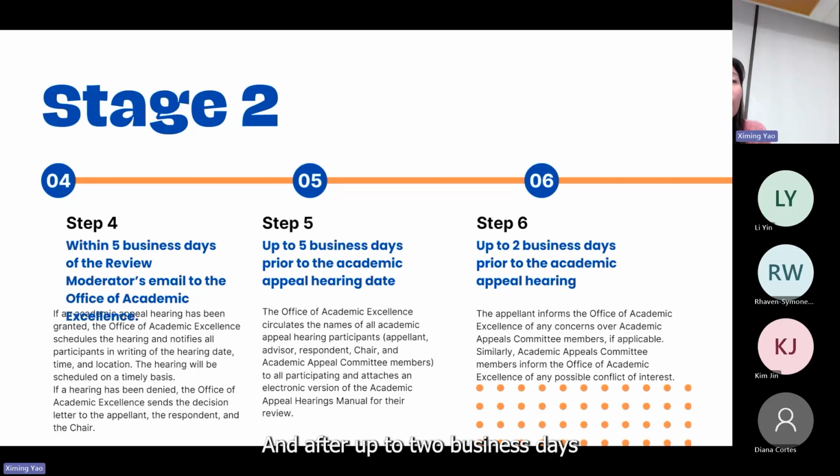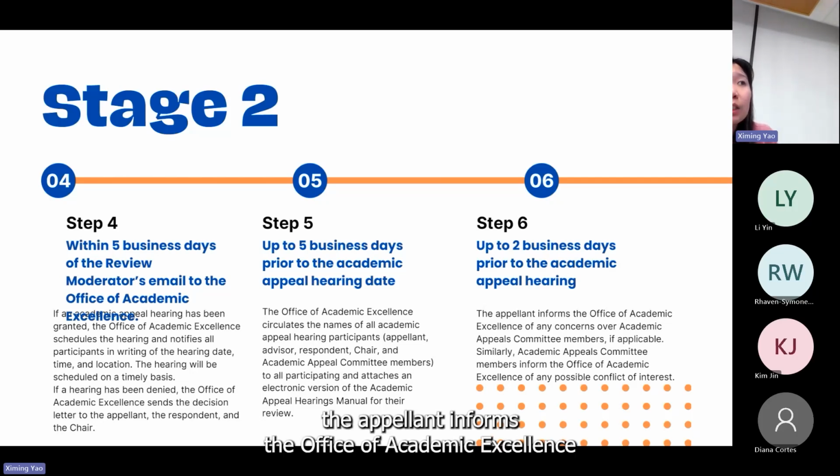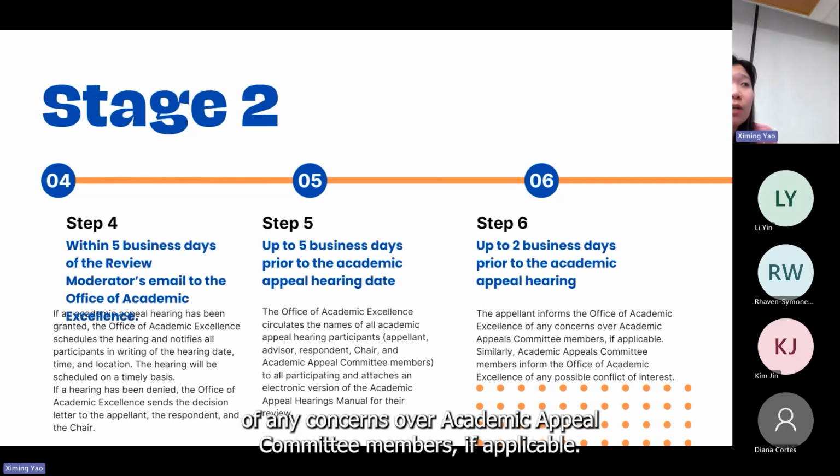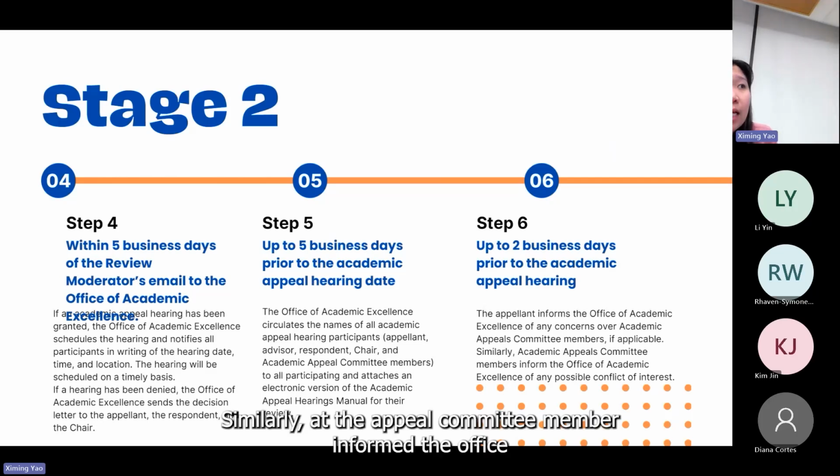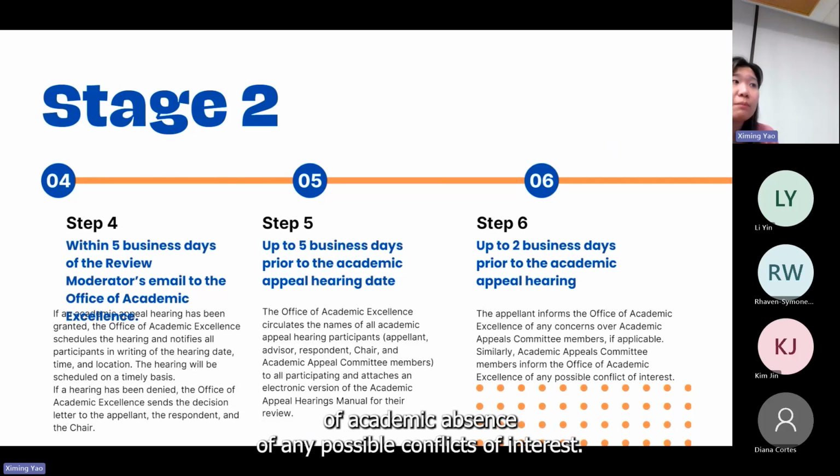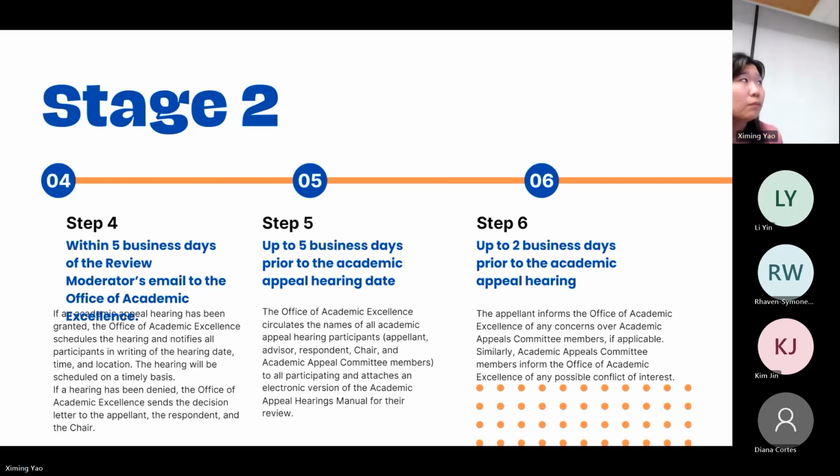Up to 2 business days prior to the hearing, the appellant informs the Office of Academic Excellence of any concerns over academic appeal committee members, if applicable. Similarly, academic appeal committee members inform the Office of Academic Excellence of any possible conflict of interest.